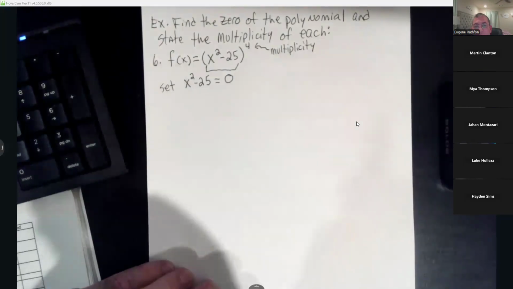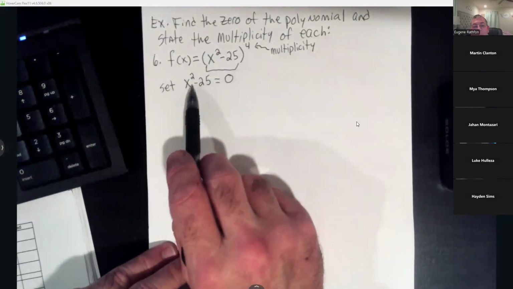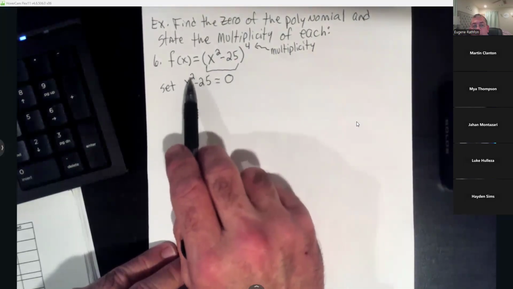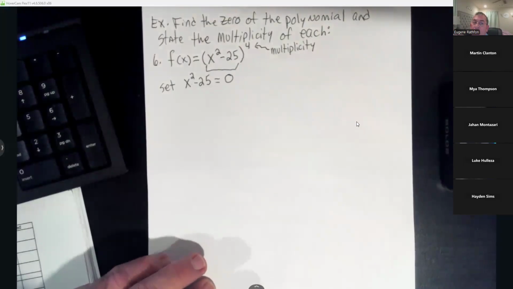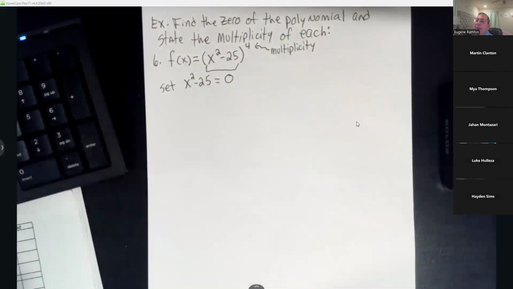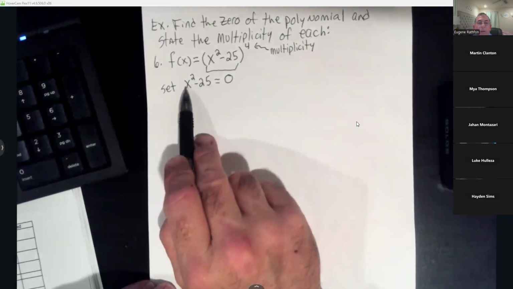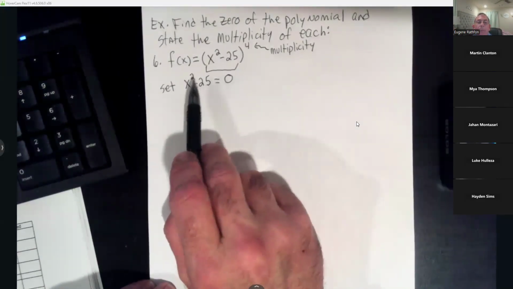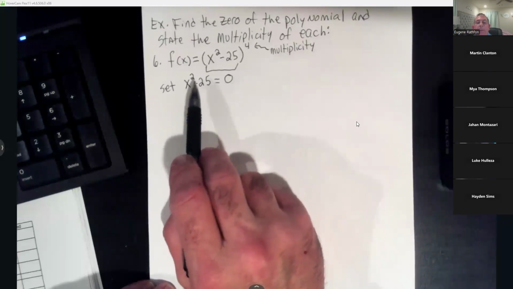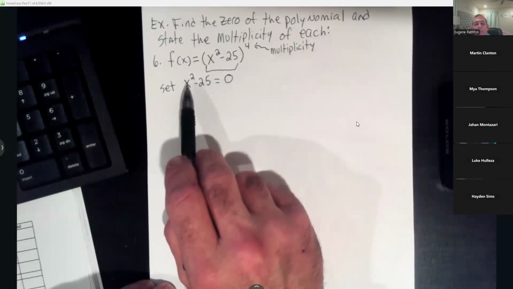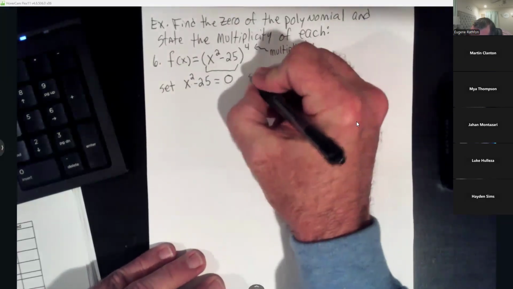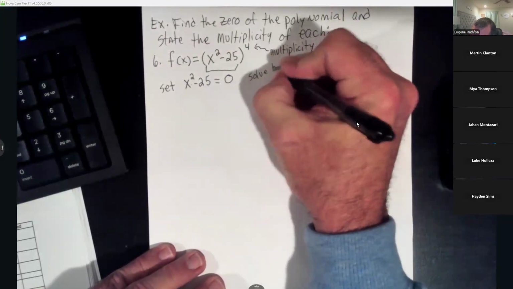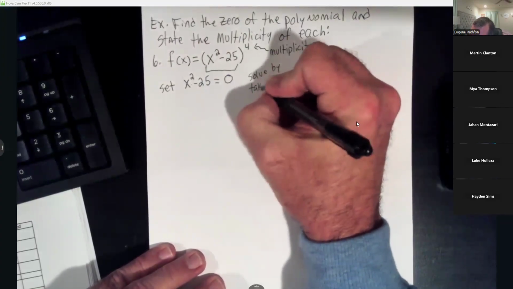And y'all, I'm going to show you how we can solve these quadratic equations with the x squared. I'm going to show you the third way to solve a quadratic equation that is missing the x term in the middle. Notice I got the x squared term, the number term, but I don't have an x in the middle. So if you don't have the x term, the easiest way to solve a quadratic like this is to solve it by taking square roots.